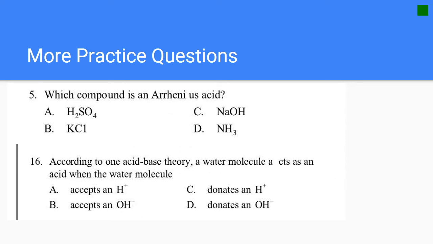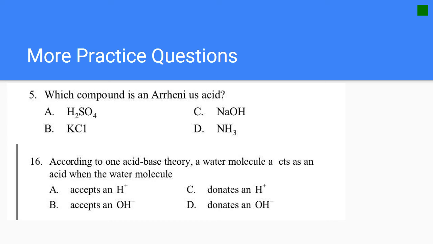So over here we have number 5. It asks which compound is an Arrhenius acid. We have sulfuric acid, potassium chloride, sodium hydroxide, and ammonia. So automatically we can cross off B. There is no hydrogen or hydroxide ions involved, so therefore the answer cannot be potassium chloride.